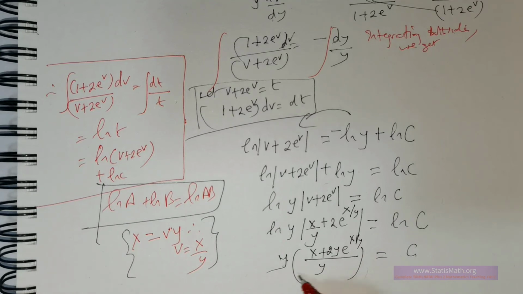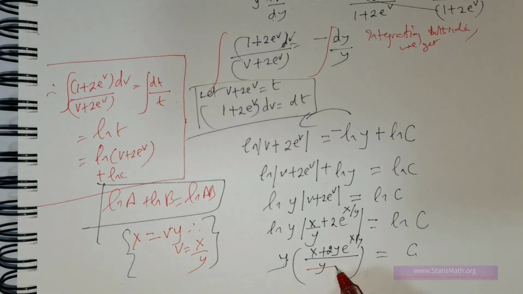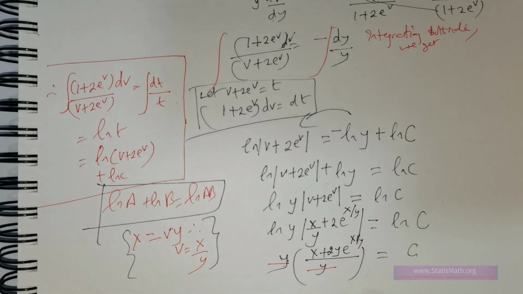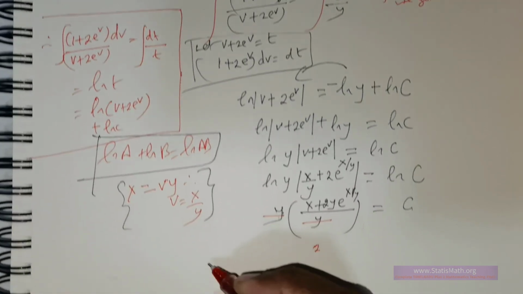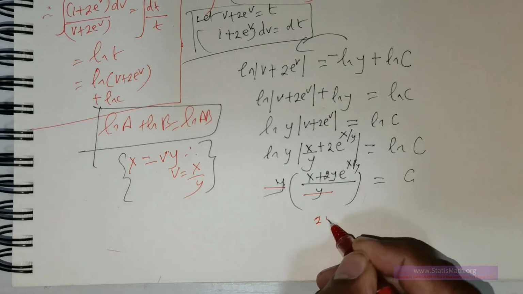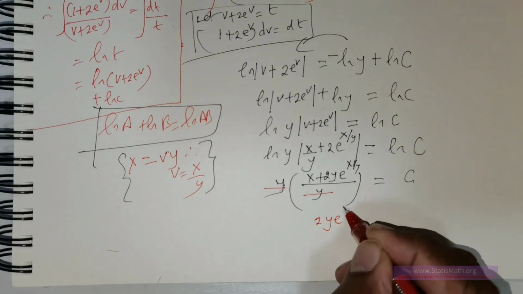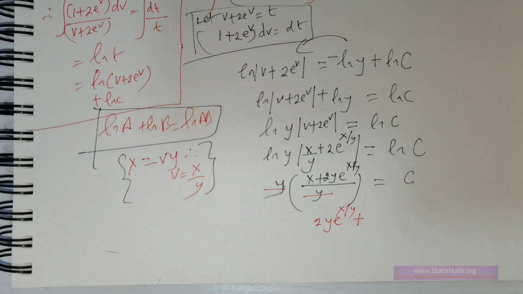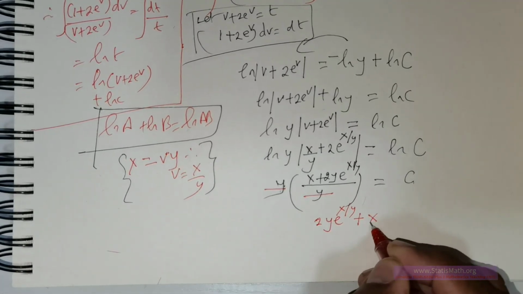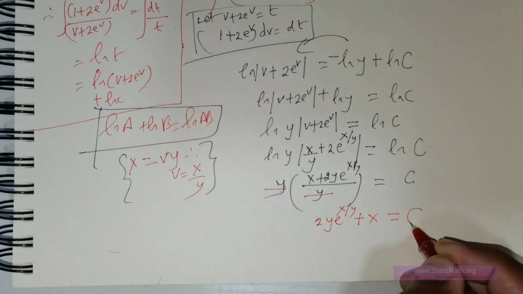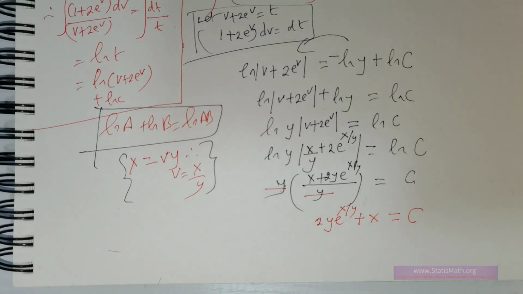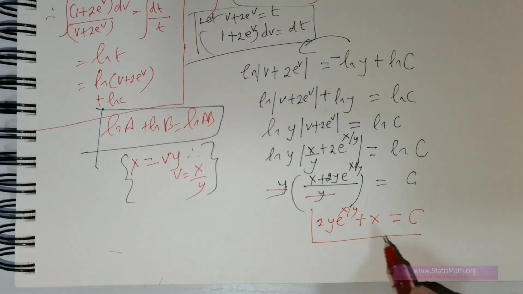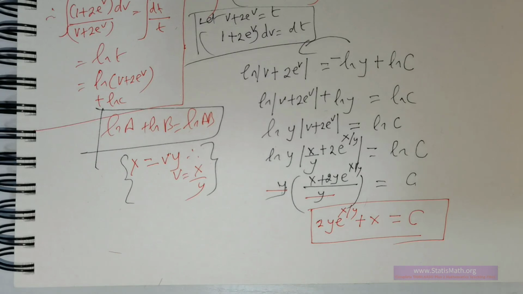You see there is a y there, you can cancel them out, and that would give you 2y times e raised to the power x over y plus x is equal to constant c. So this is what you are getting, and this is the final solution to the given question.